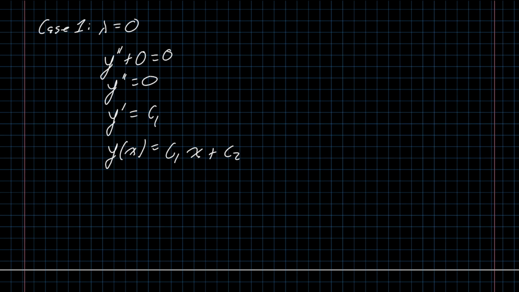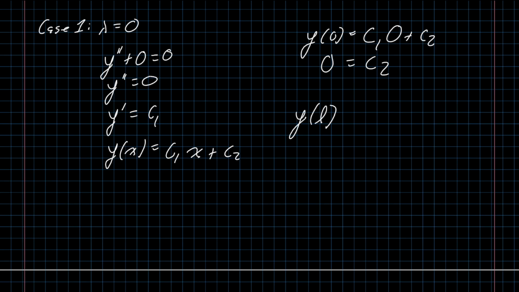Now, applying our boundary conditions, y of 0 is going to just be c1 times 0 plus c2. So we get that c2 is 0. Then y of L is going to be c1 times L plus c2, which is 0, so we don't have to bother writing that down. That also has to be equal to 0.